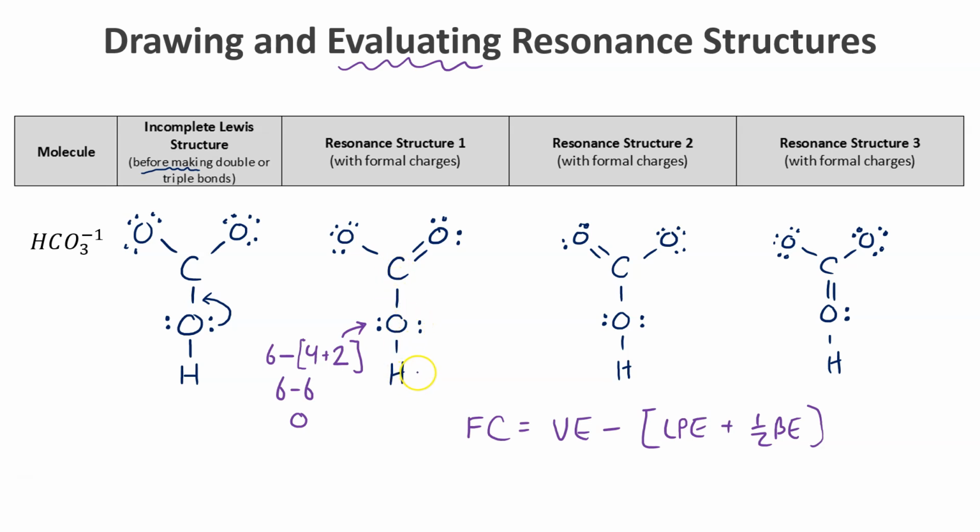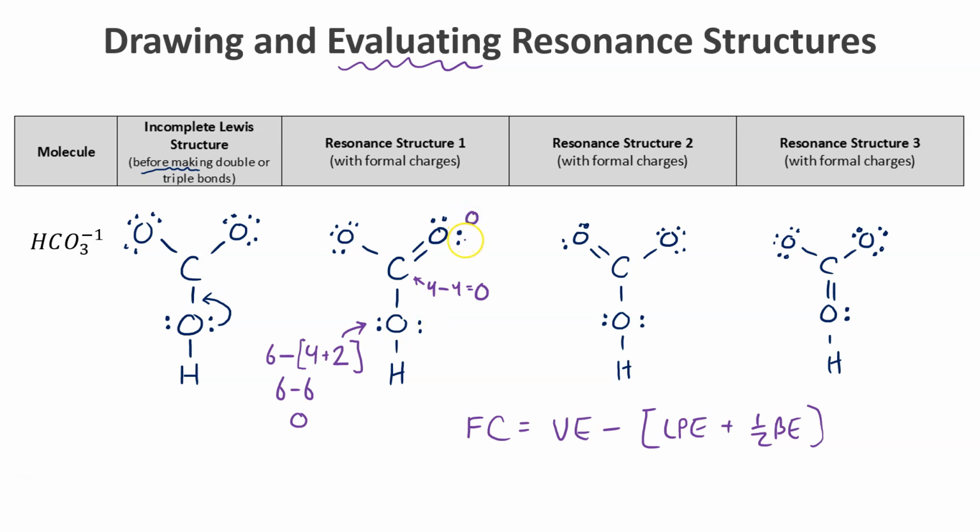If you apply that same formula to the carbon in the middle, carbon has 4 valence electrons, minus no lone pairs and 1 electron from each bond: 1, 2, 3, 4. This carbon is also 0. This oxygen with the 2 bonds and the 2 lone pairs in the top right is going to be just like this oxygen, which also had 2 bonds and 2 lone pairs.